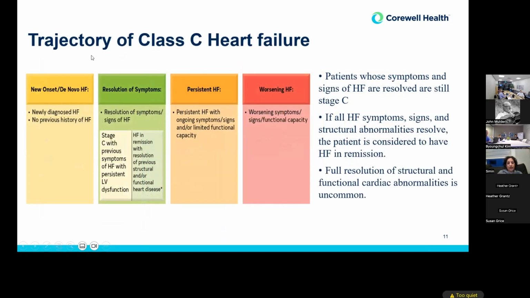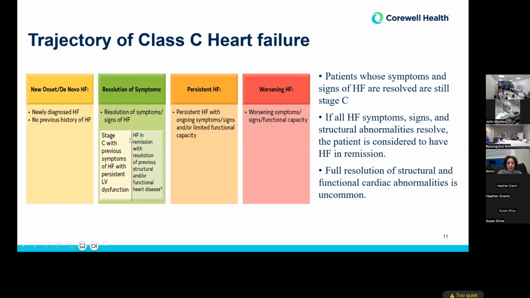The trajectory of heart failure when you're looking at patients of class C, I'm sorry, that should say stage C, not class C, my apologies. The trajectory of the patients for stage C of heart failure. These are the patients again that have signs and symptoms of decompensated heart failure, and even if they've resolved, they still remain stage C. Oftentimes what happens is that they just present with that and that's when they get diagnosed.